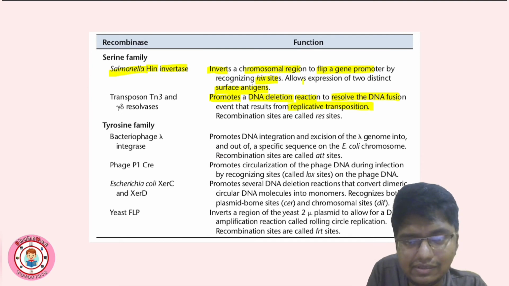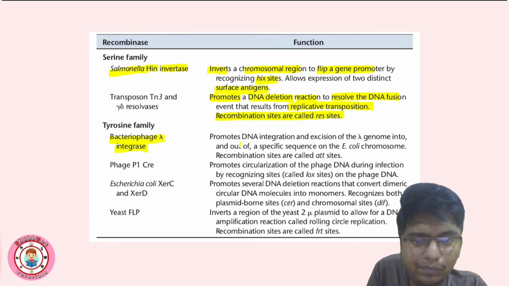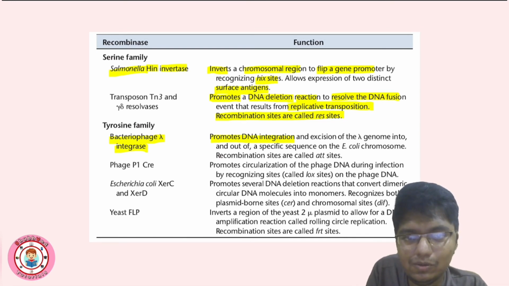We will see this in a separate video. What is replicative transposition? Recombination sites are called res sites here. Then the tyrosine family: bacteriophage lambda integrase, very important, promotes DNA integration. We know that the lambda phage genome integrates, lysogenic cycle.